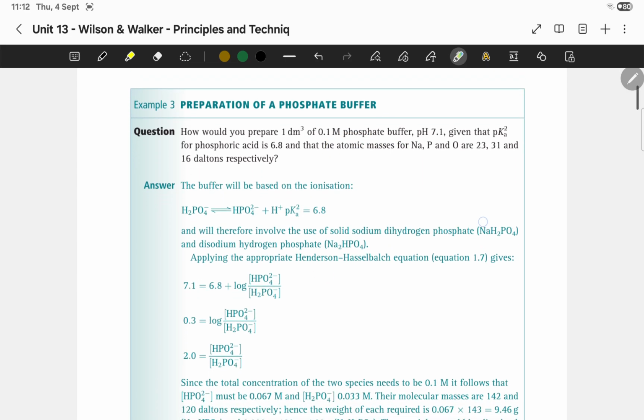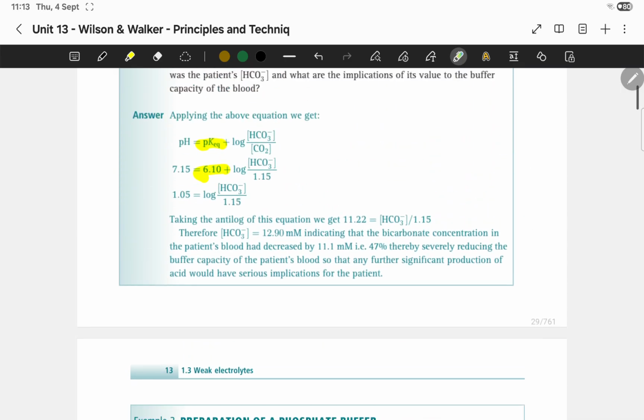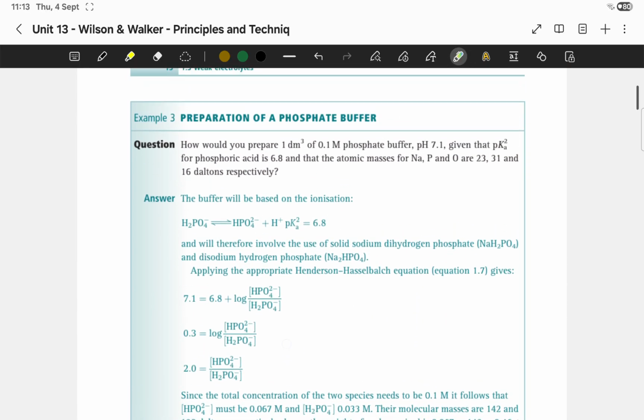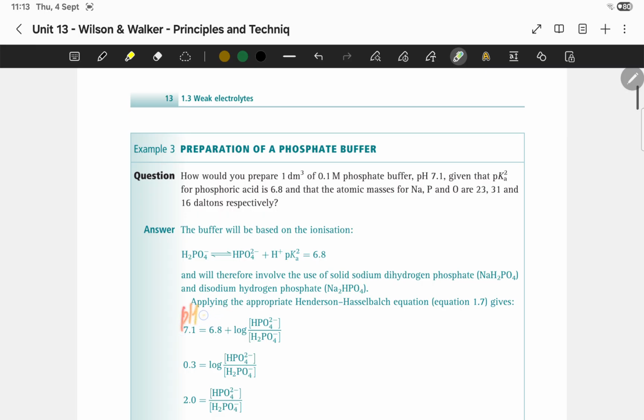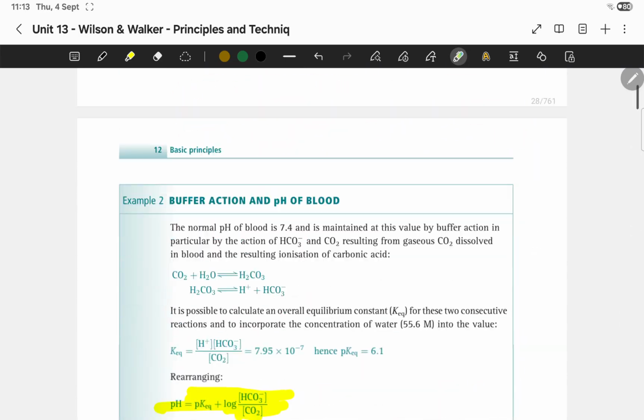Applying the appropriate Henderson-Hasselbalch equation, it gives: buffer pH is 7.1, so pH is equal to pKa plus log unionized upon ionized. Isn't that unionized?